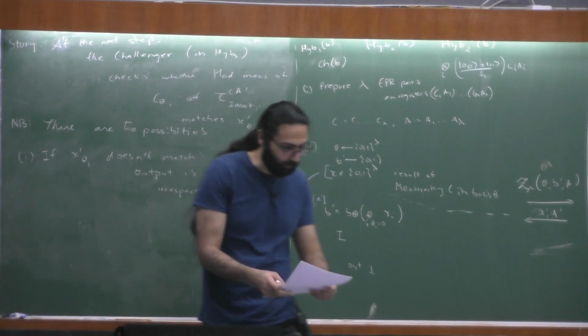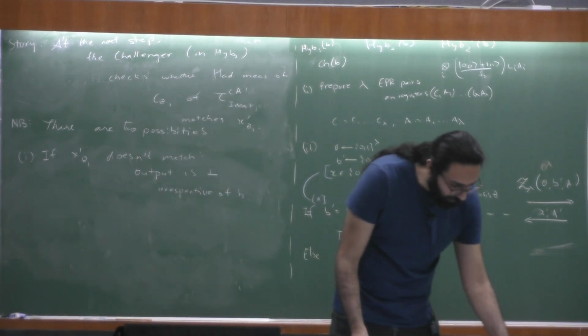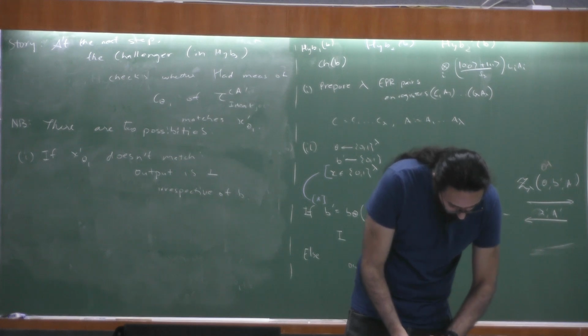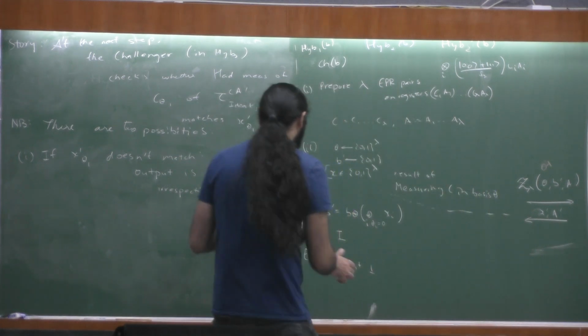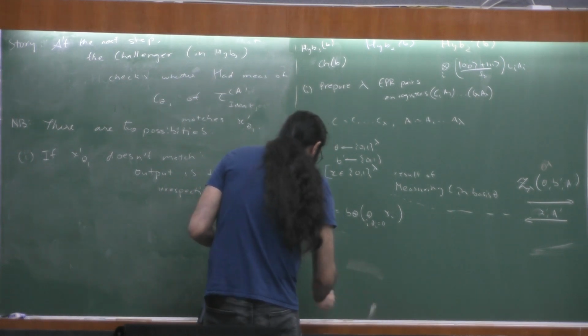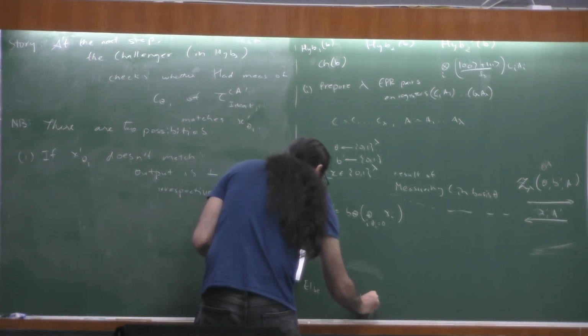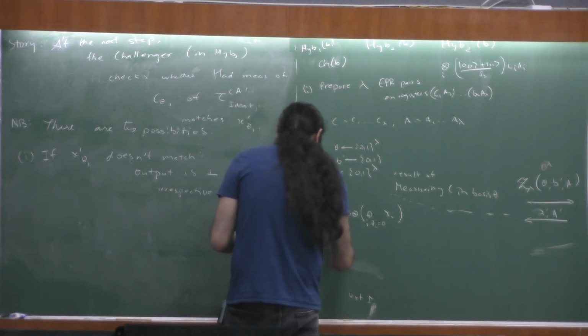Let me write 1 because if theta is equal to theta prime, let's write it down here. You are checking if the adversary has actually measured. Yeah.